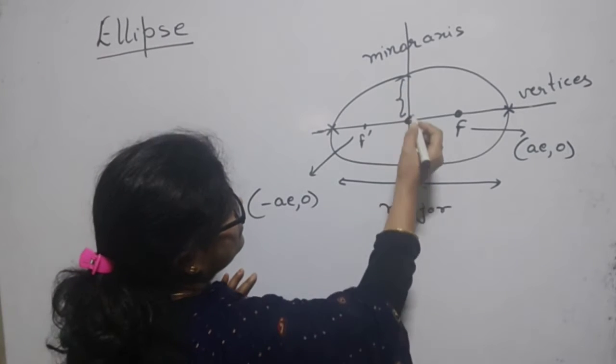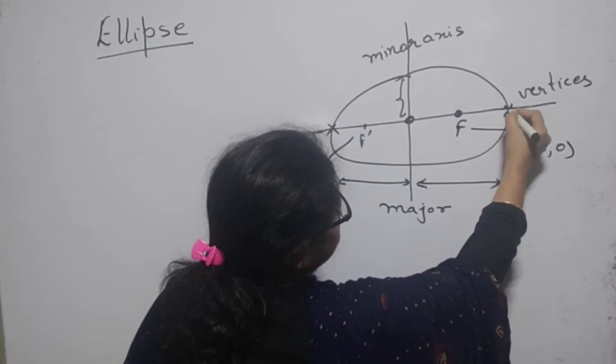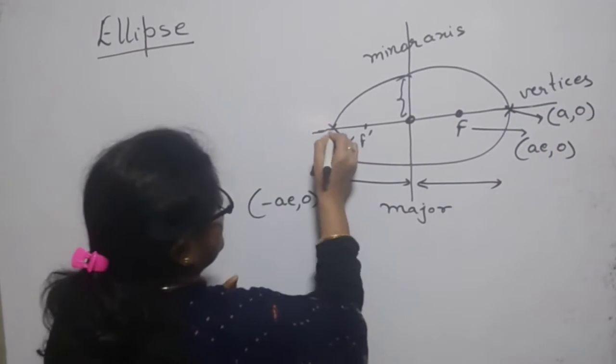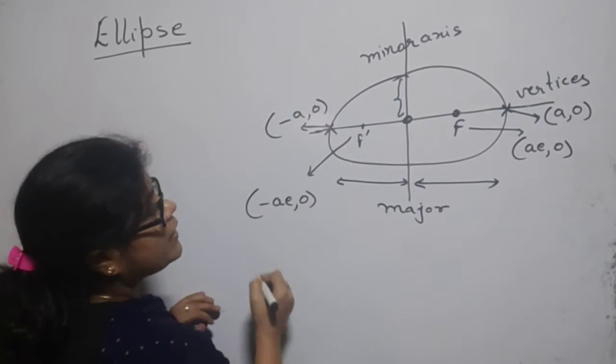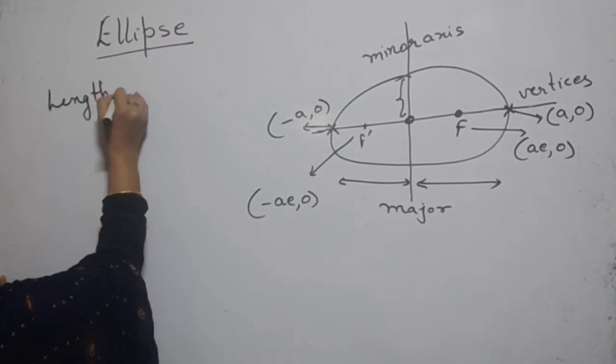Now the vertices: their coordinates are (a, 0) and (-a, 0). Then the length of the major axis.